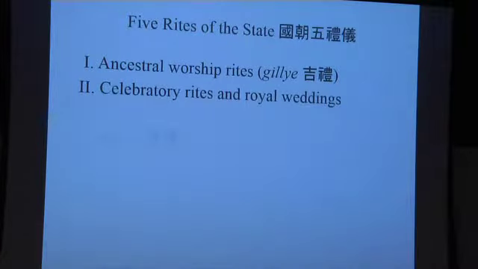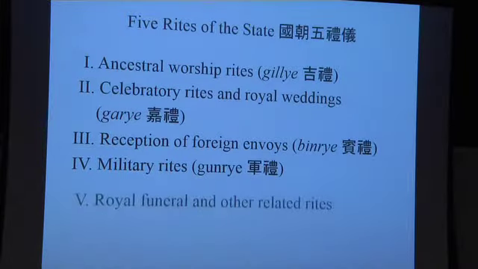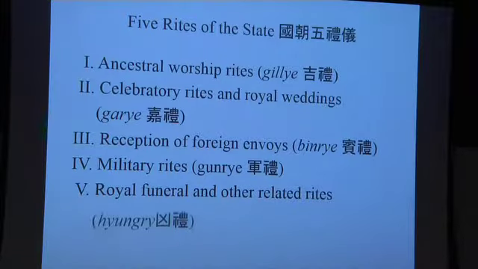During the early 15th century, in the time of King Seongjong, a book was published, 국조오례의, or Five Rights of the State. The five rights are ancestor worship rights, celebratory rights and royal weddings, reception of foreign envoys, military rights, royal funeral, and other related rights. These are the important five rights.